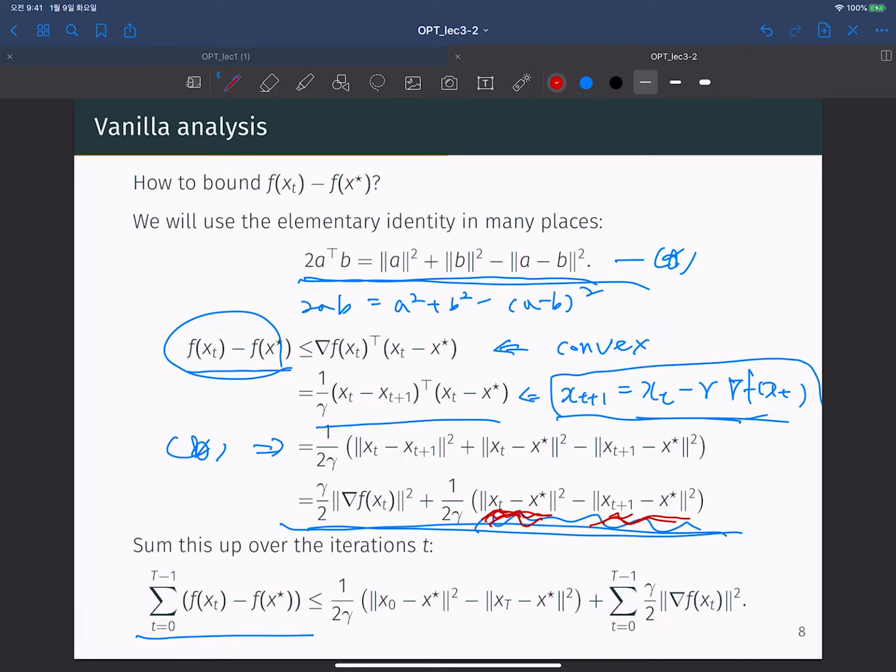So when you add up all the right hand side from t equal to 0 to capital T minus 1, everything cancels out and the only remaining term is this. And for this term, we just write down the summation: sum from t equal to 0 to capital T minus 1 of gamma over 2 times the norm squared of the gradient of f(x_t).